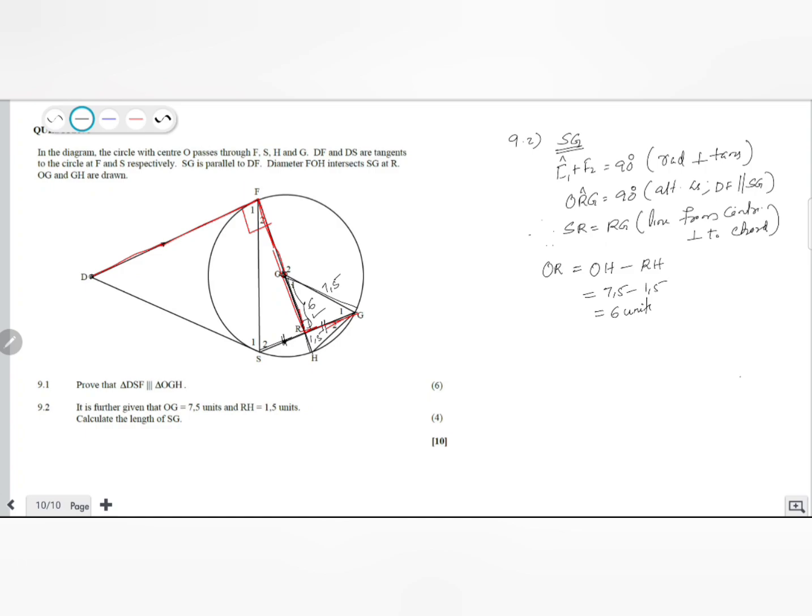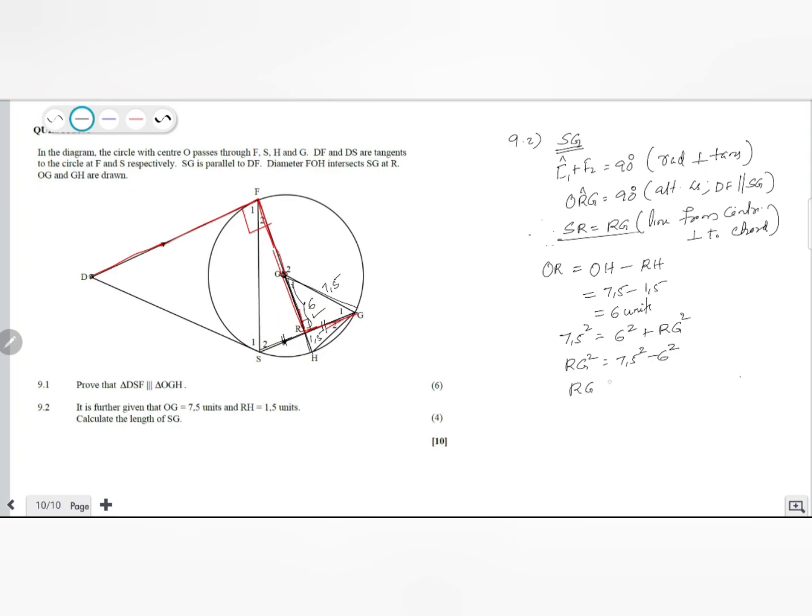Now can you find RG? RG, so we can use Pythagoras, that is 7,5 square is equal to 6 square plus RG square. If you know RG times 2, we will get SG, isn't it? Because of the theorem. We know that SR and RG, they are equal. Okay, now we can solve and find the value. That is RG square is equal to 7,5 square minus 6 square.